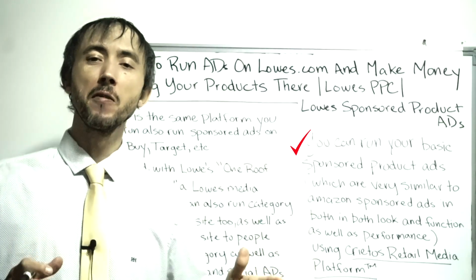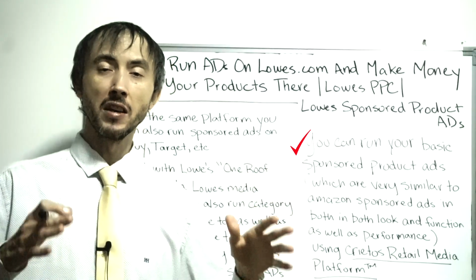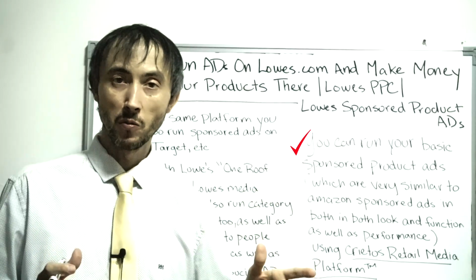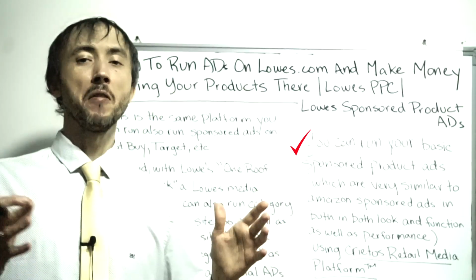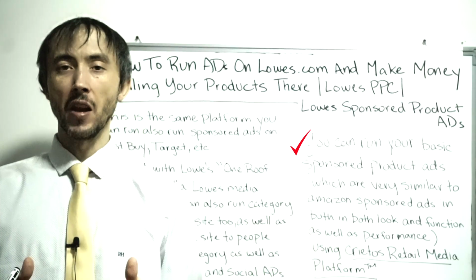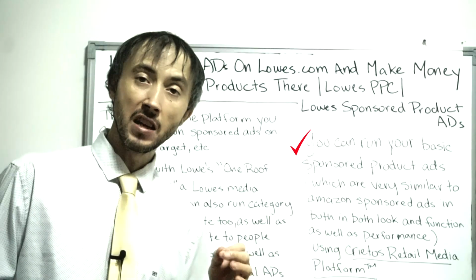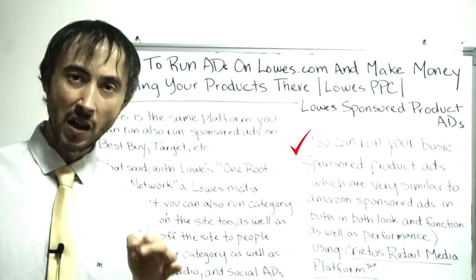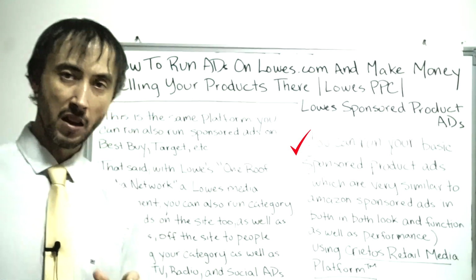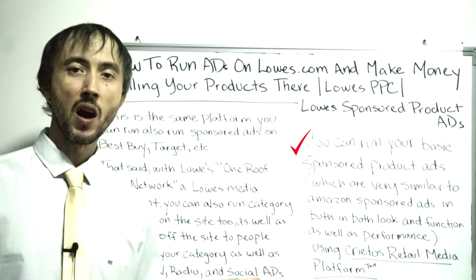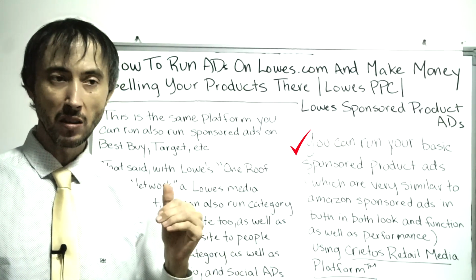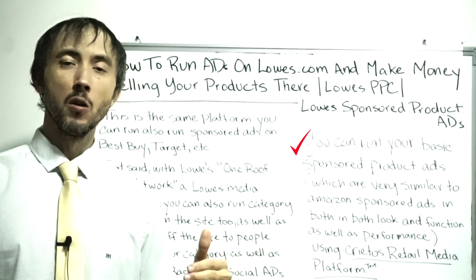So it's not a matter of if you will get the ROI that you want, as long as you have something that sells fairly well. It's just a matter of how many sales I can get at the ROI that I'm looking for. That's really the situation. And again, if you're selling well already on Amazon, then there should be no reason why you shouldn't get some profitable sales on Lowe's.